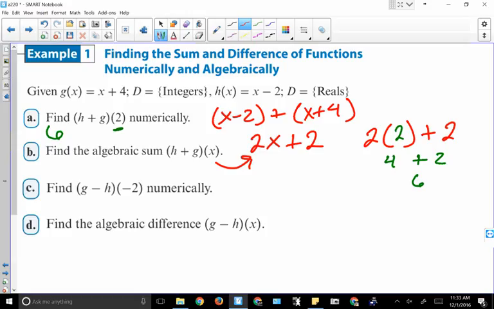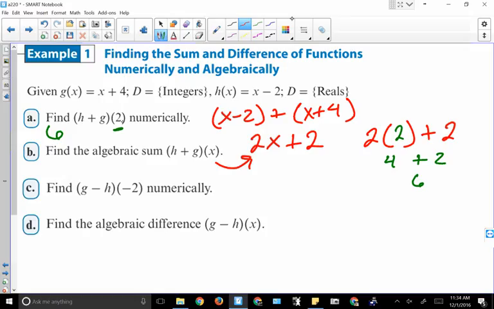I can plug any number in there for x that I want. They told us to put in 2, so I figured out what 2 is. So generally, you're going to want to go and figure out what the function is when you combine them, then put the number in. Now, could I have just put 2 into h and 2 into g and gotten the answers? Well, sure I could.